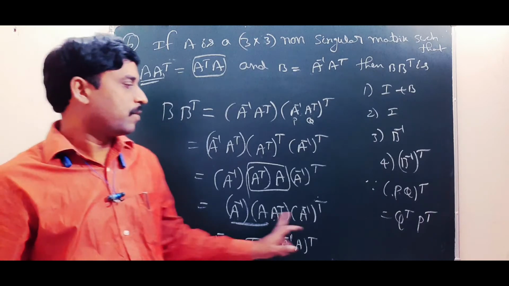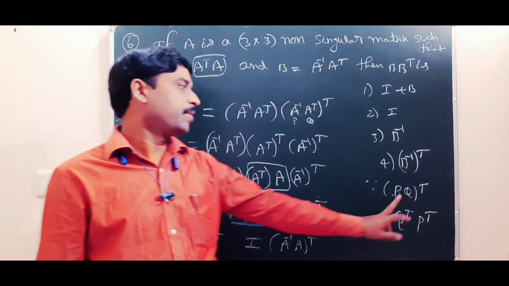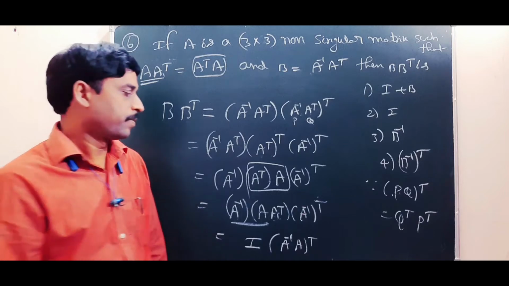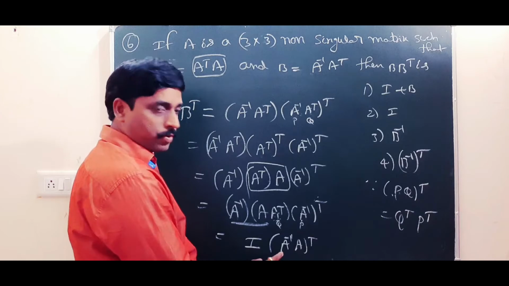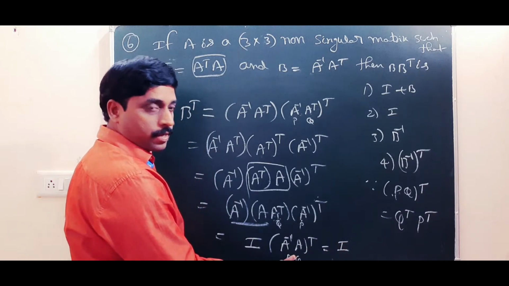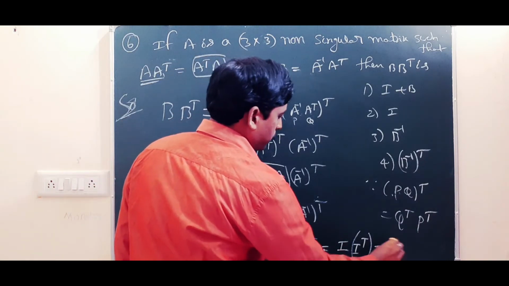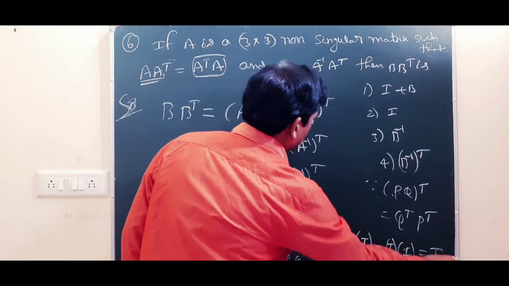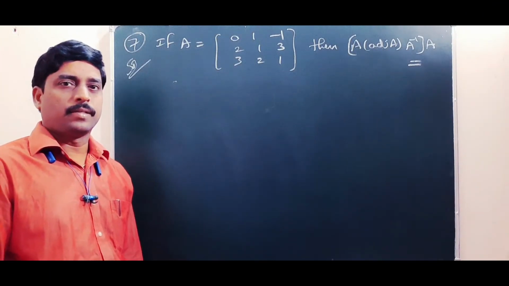This is in the form of Q transpose into P transpose, which is (PQ) whole transpose. So I transpose is nothing but I, and I into I is I square, which is I. Which option is correct? Second option is correct. Okay, let us go to the next problem.